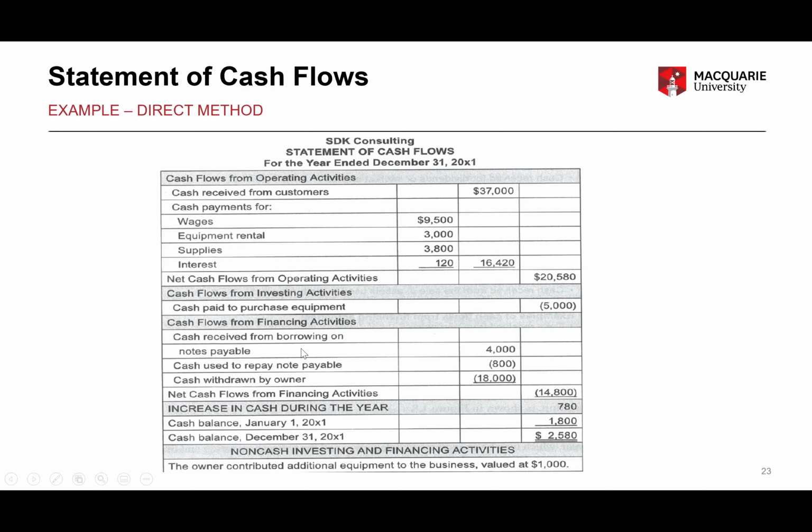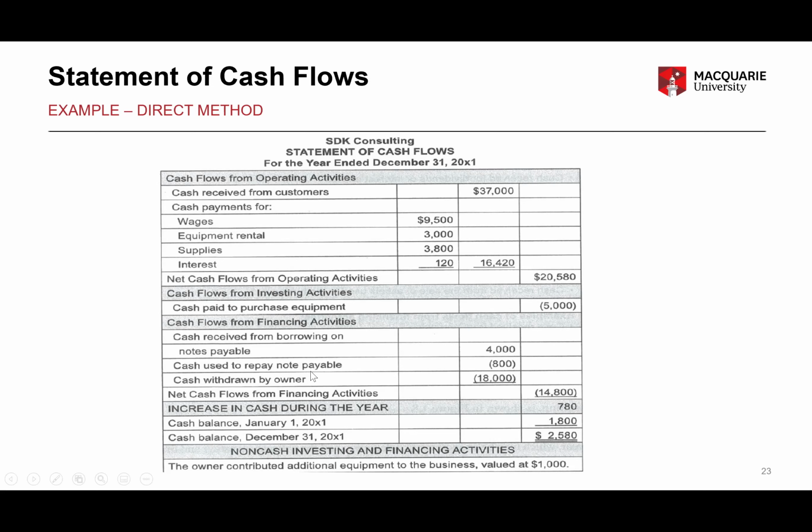Then we come to financing activities. So we're looking for borrowing or changes in equity here. So we had cash received from borrowing on notes payable. So this company issued some notes to the public, and so it will need to repay that later on. So there's a cash inflow because they received the cash.